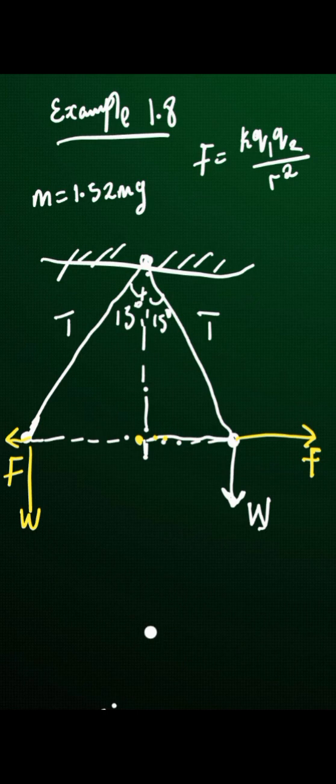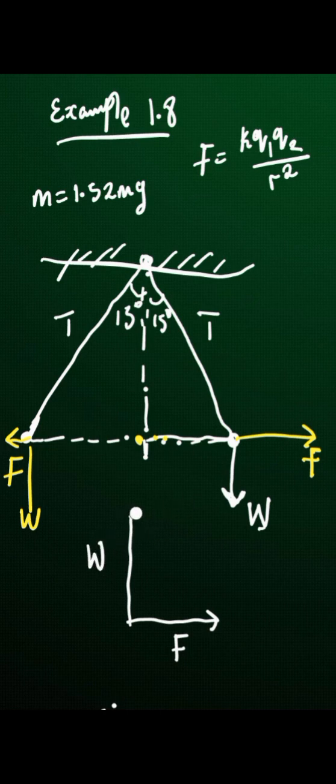I already know that my F is along the horizontal, so I will call this F, right? My weight is along the vertical, that is W, so I'll take it like this, right?